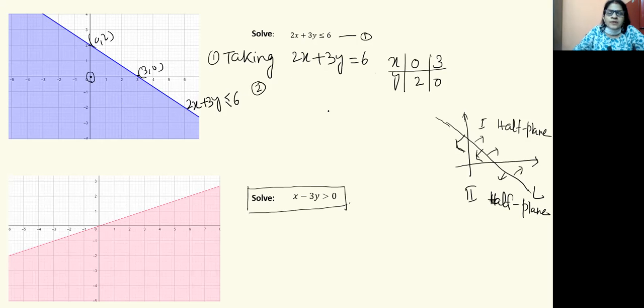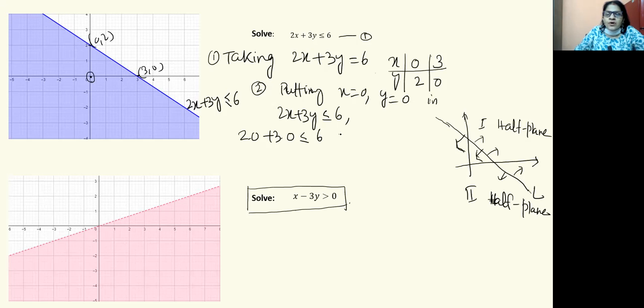We will check. Putting x equal to 0, y equal to 0, for origin, in 2x plus 3y less than equal to 6. So 2 into 0 plus 3 into 0 less than equal to 6, or you can say 0 less than equal to 6.